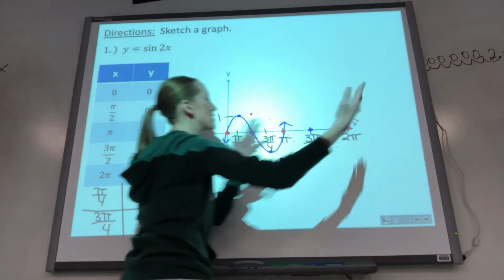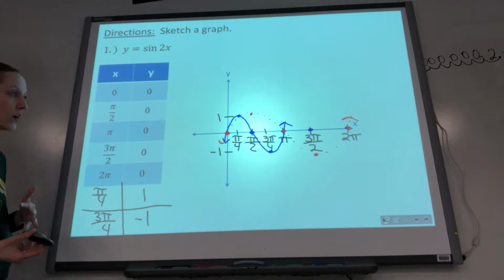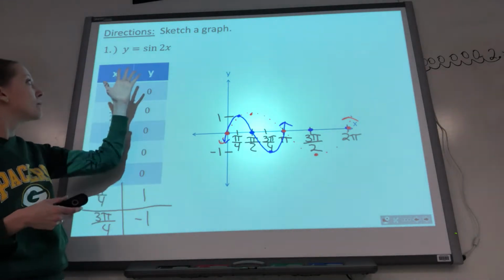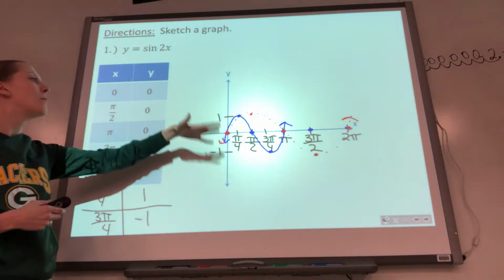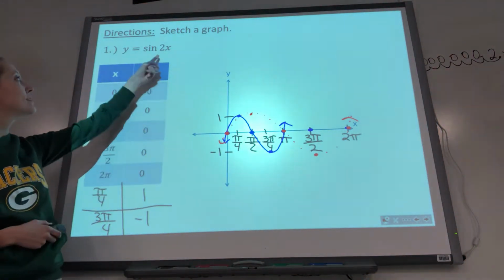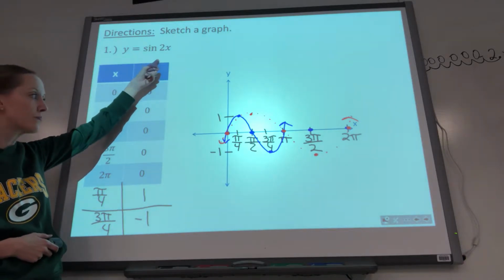And then it starts repeating after that. In a little bit, I'm going to formalize that into a rule where you can actually find the period right away without graphing it first. But again, the point of these first 2 examples is just to understand what those numbers do.